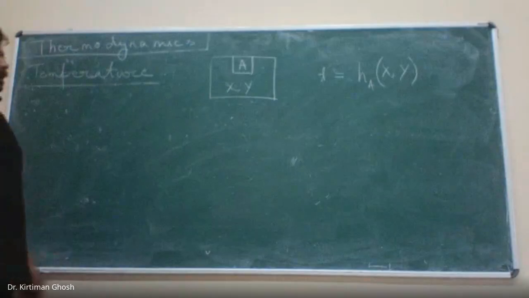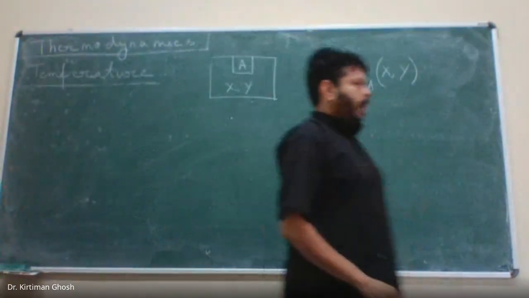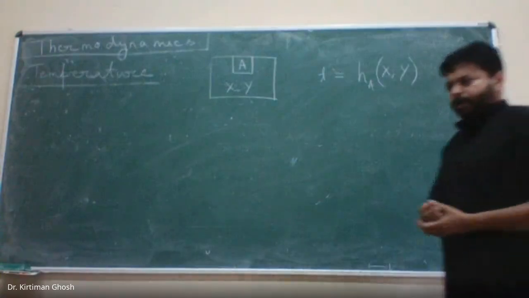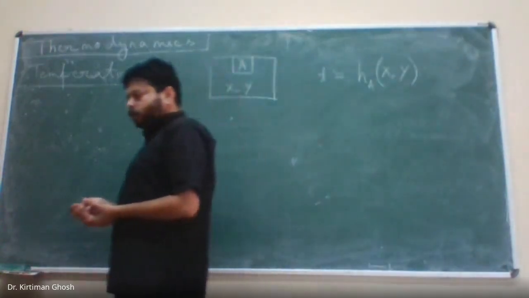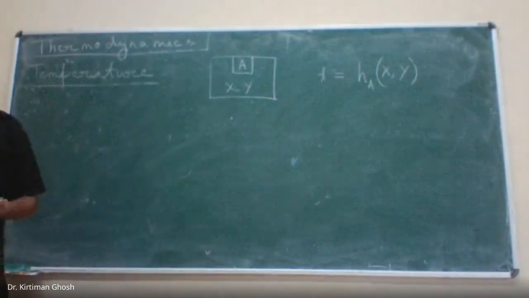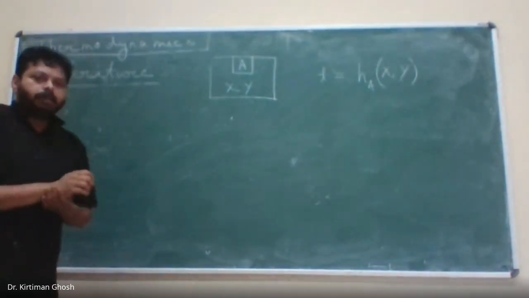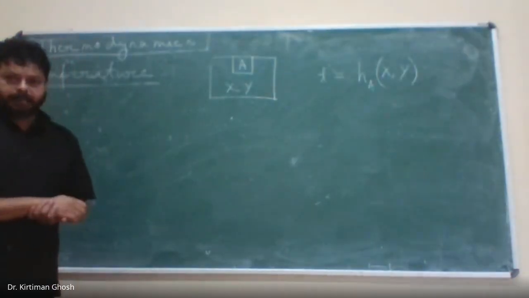So this relation gives you an idea of how you can measure temperature. Any thermodynamic system which is sensitive to hot or cold things can be used to measure temperature.